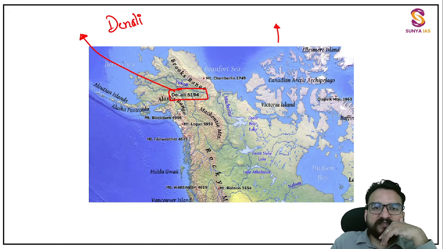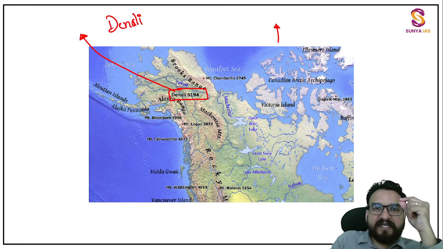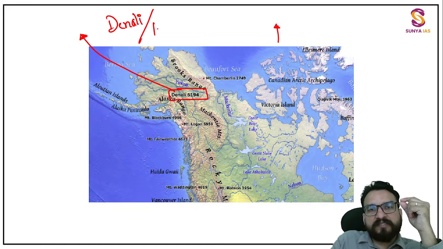So where I was telling you, in the Alaskan Range there is the tallest famous mountain peak of the North American continent, that is Denali. Denali is also known as Mount McKinley.